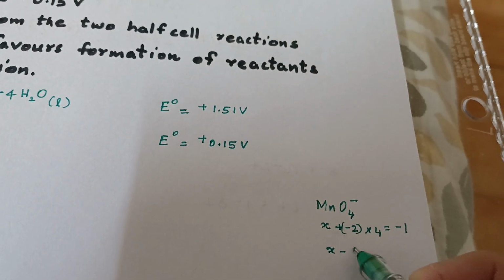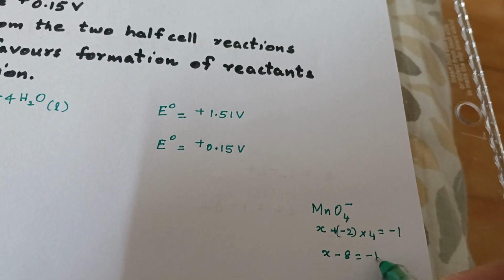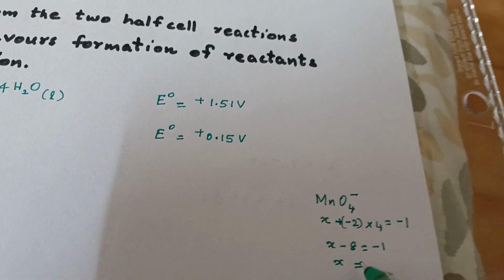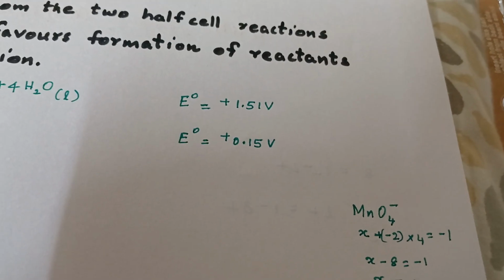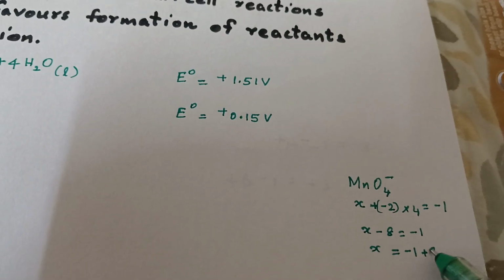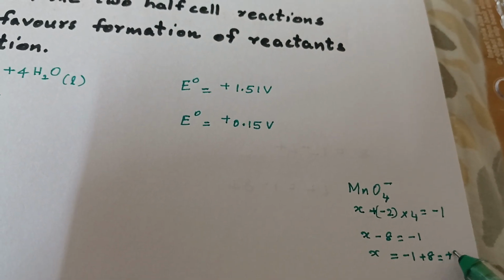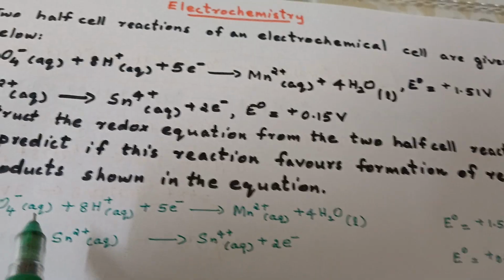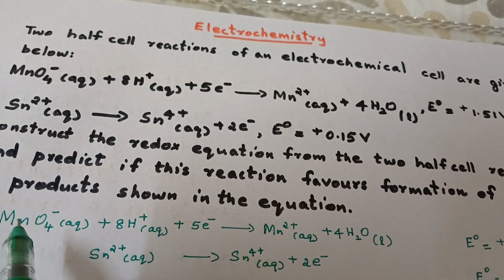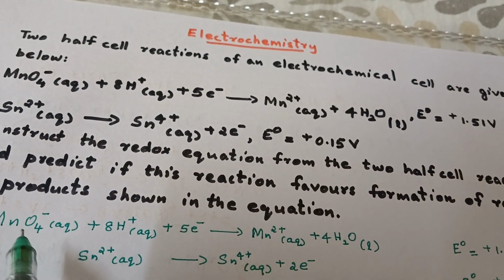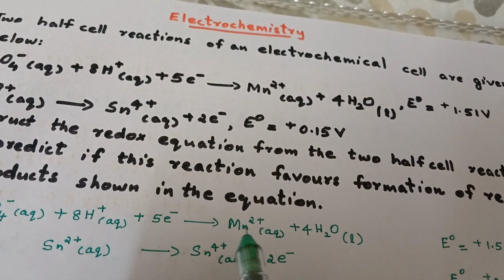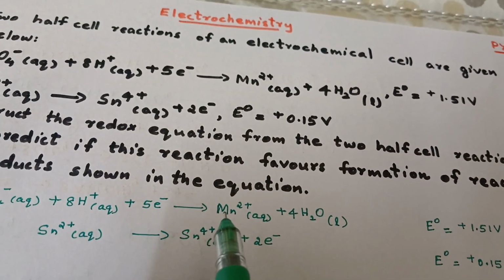So x minus 8 equals minus 1, x equals plus 8 minus 1, equal to plus 7. So the oxidation number of manganese is plus 7 in MnO4 minus. That is getting reduced to Mn2 plus.